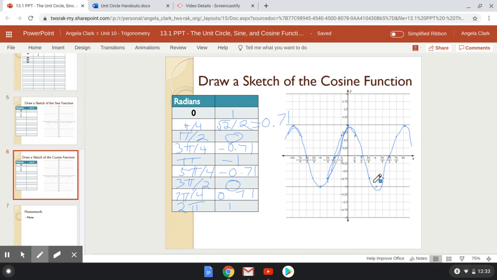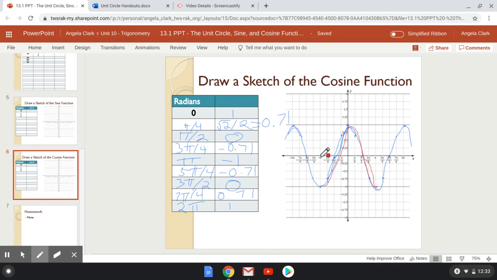So the period is the same, it's going to be 2 pi. The amplitude is the same, it's going to be 1. So again, the period is either from minimum to minimum or maximum to maximum. So if I wanted to trace one period, I could say, okay, I'm going to start at a minimum and go to the next one. And that's one period of cosine. And they're 2 pi apart.